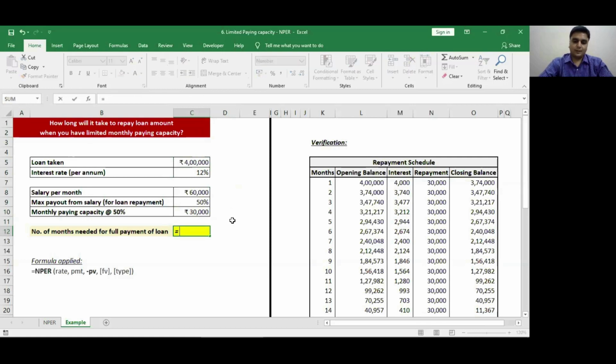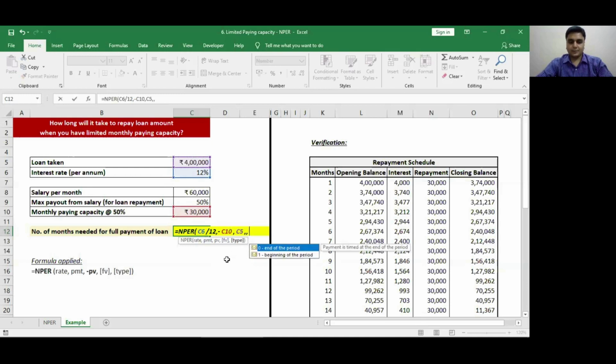So for this, we will apply the formula NPER, which is asking me to input rate, divide this by 12 because I'll make the payment on a monthly basis. It is asking me to input PMT, which is the amount of installment, that is 30,000 rupees. It is asking me to input present value, which is 4 lakh in this case. Now it is asking me to input future value, which is nil. So I'll add another comma.